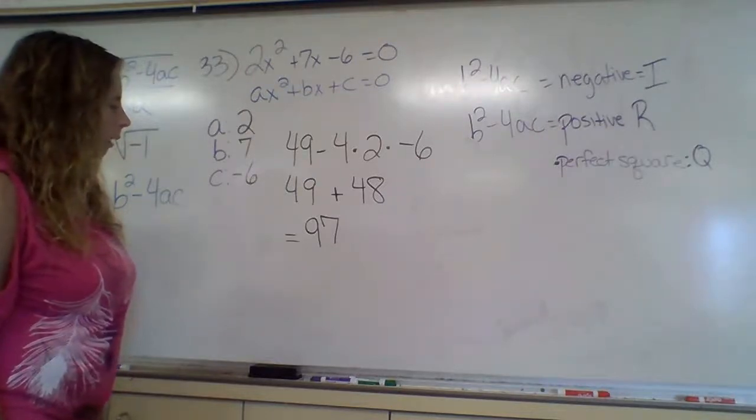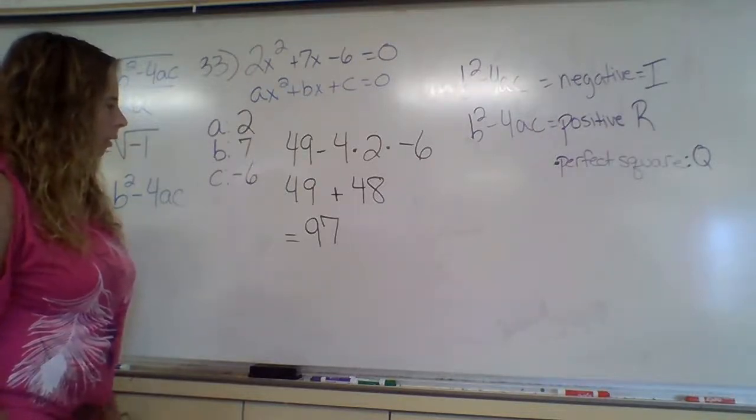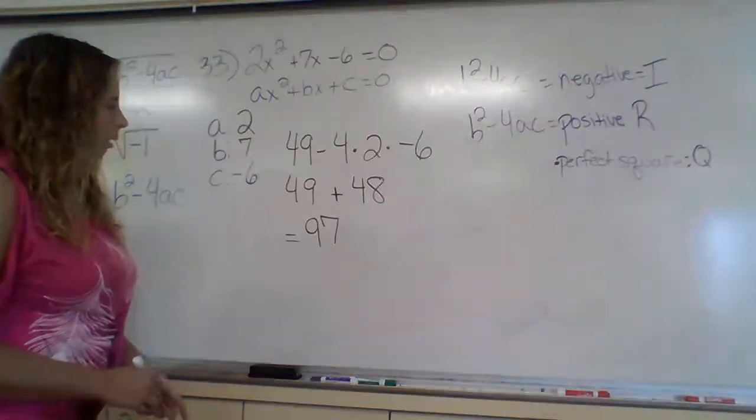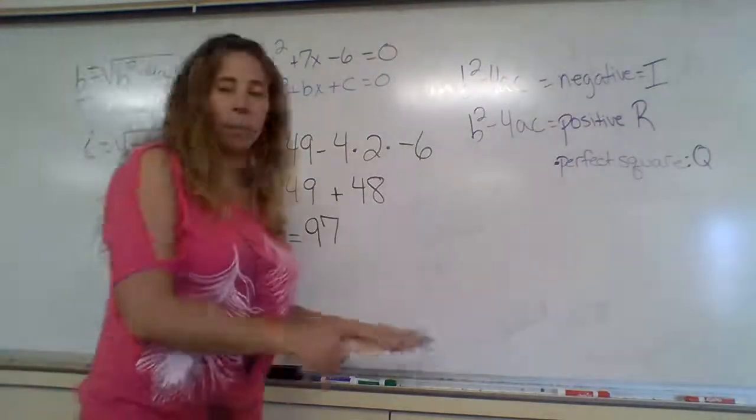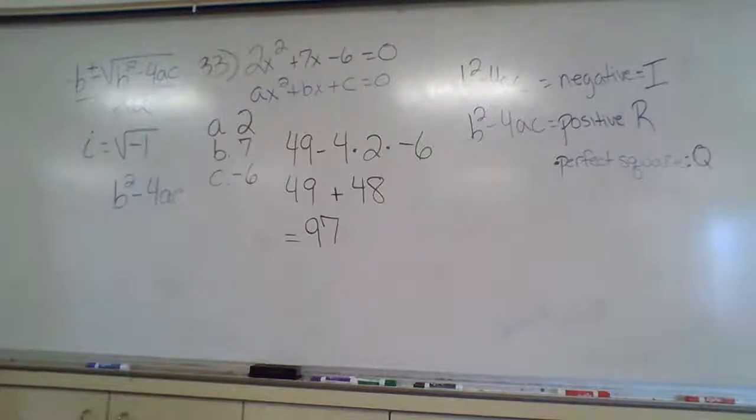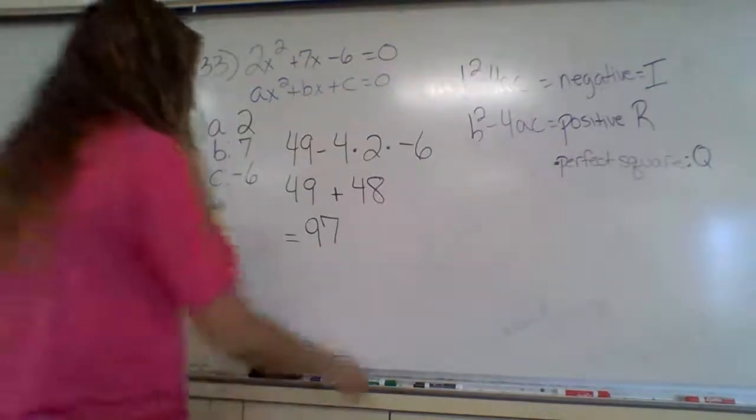If you weren't sure, I'm trying to think, what is 97? 97 might actually be prime. One second. It's going to be irrational, but... Okay, well, there you go. 97 is actually a prime number.